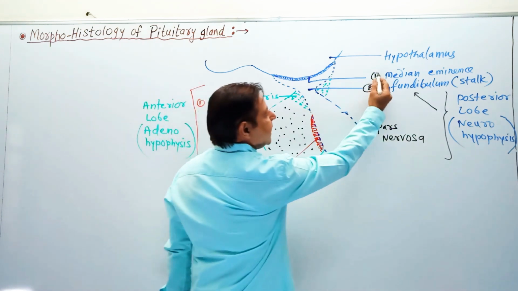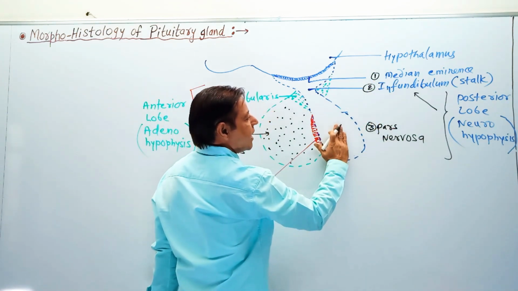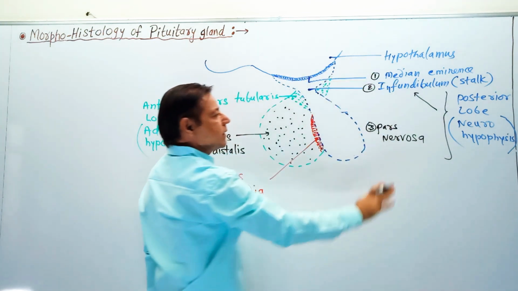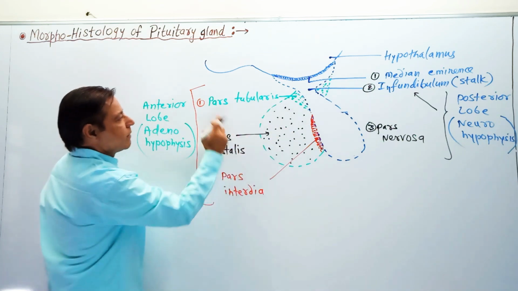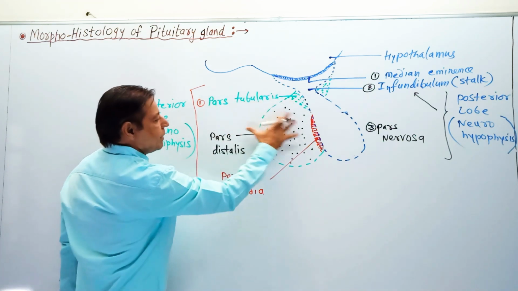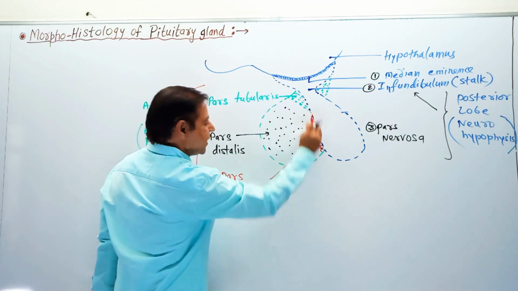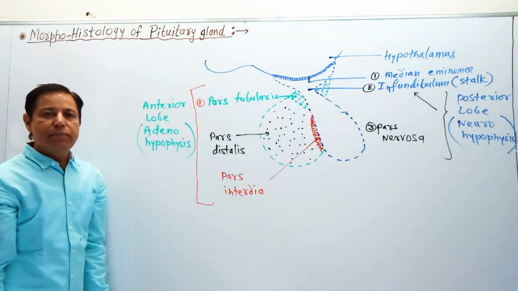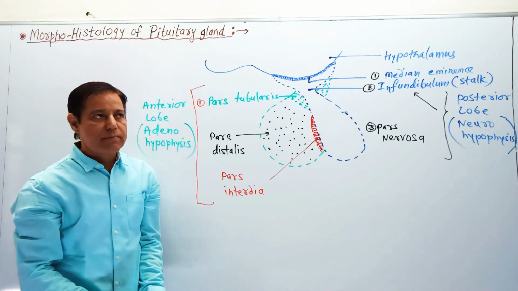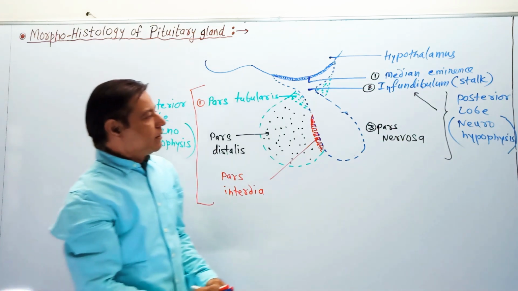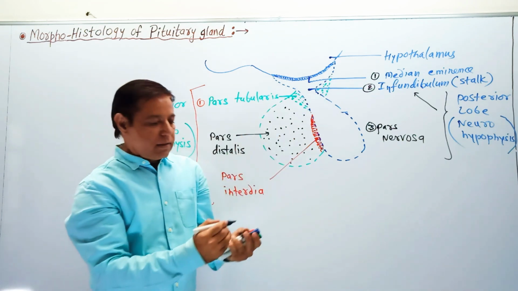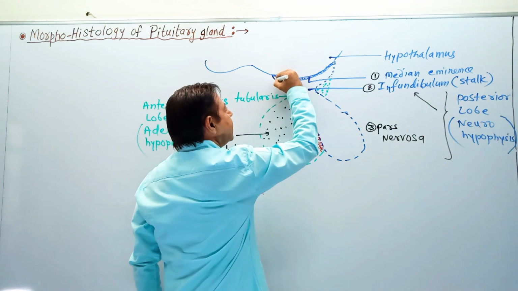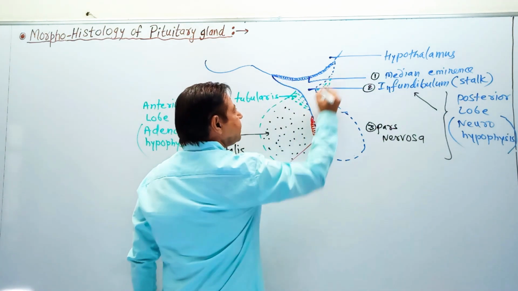In this way, median eminence, infundibulum and pars nervosa are the three parts. In the same manner, pars tubularis, big pars distalis and reduced pars intermedia are the three parts of the anterior pituitary or adenohypophysis. Okay, this is the external structure of pituitary, or the morphological structure of pituitary.